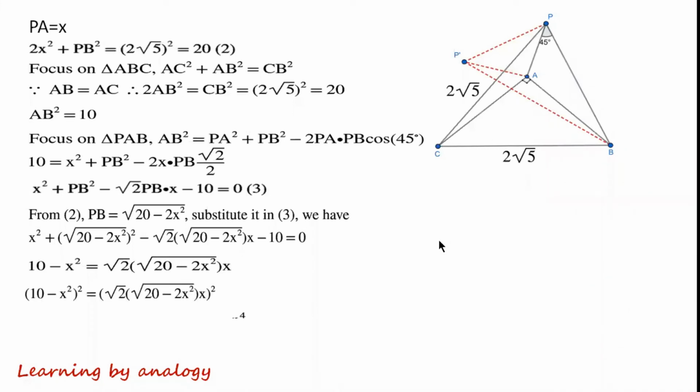Squaring both sides, we have 100 minus 20x squared plus x to the power of 4 equals 40x squared minus 4x to the power of 4. 5x to the power of 4 minus 60x squared plus 100 equals 0.